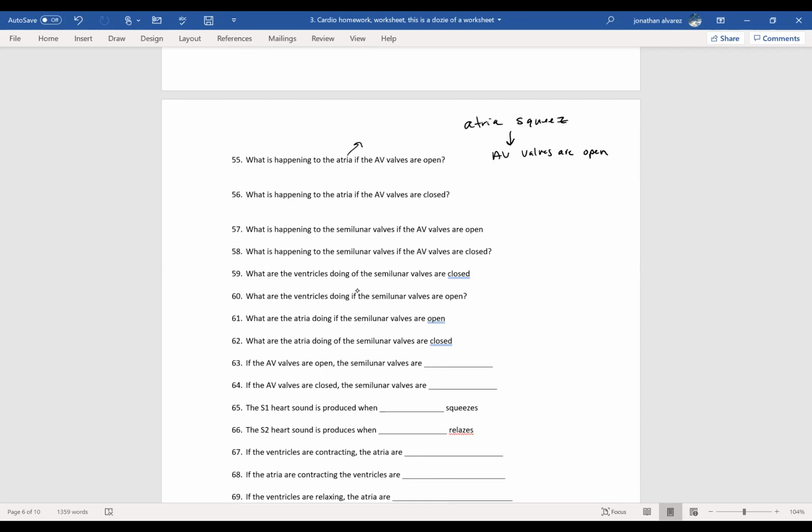So that means they are contracting. What is happening to the atria if the AV valves are closed? The atria are relaxing.